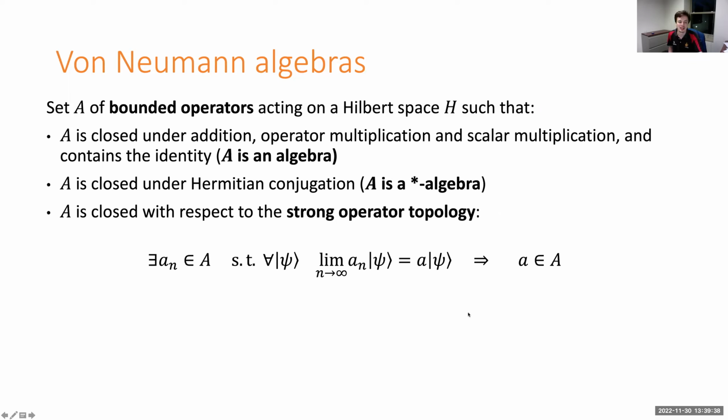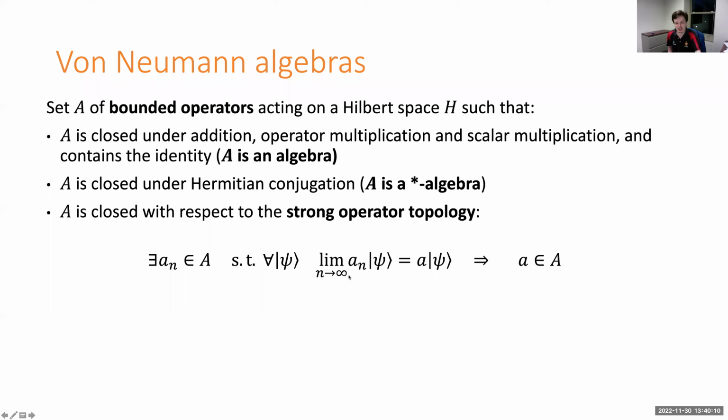What this means is if you have a sequence of operators A_n that converges, as n goes to infinity, to some operator A, converges in this particular sense defined here, and all the A_n are contained in your algebra, then the limit operator should also be contained in the algebra. So we should be able to take limits without ending up outside of the algebra. Okay, so the particular definition of convergence here is important.